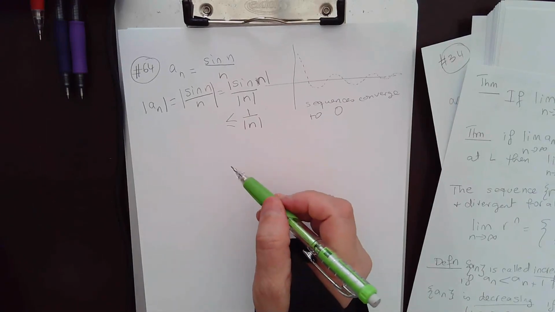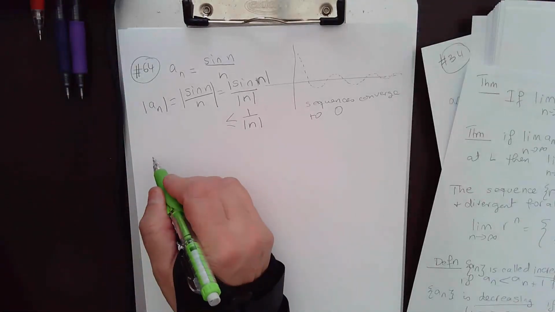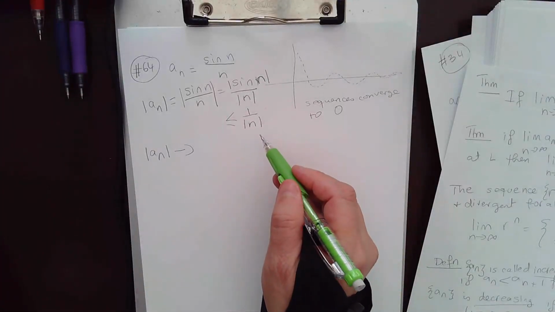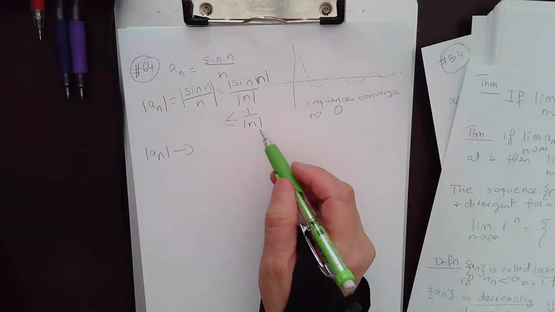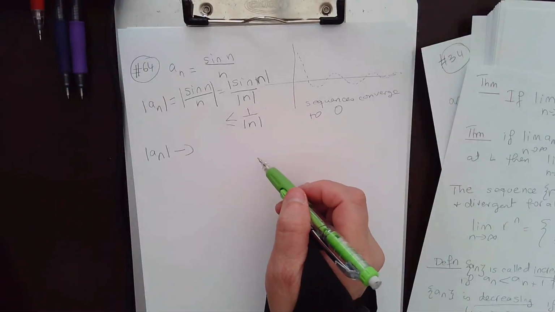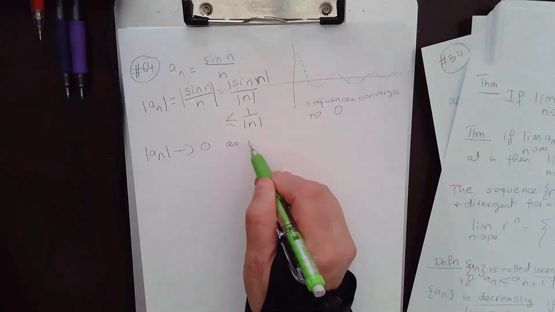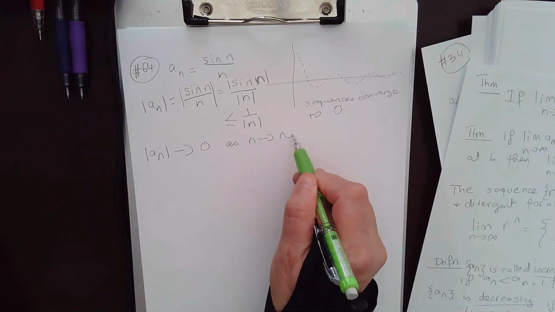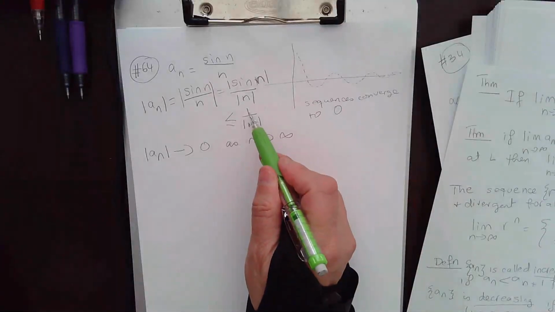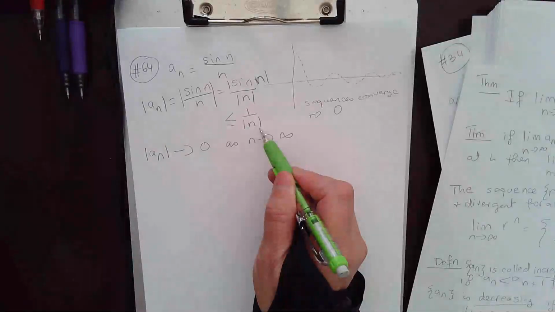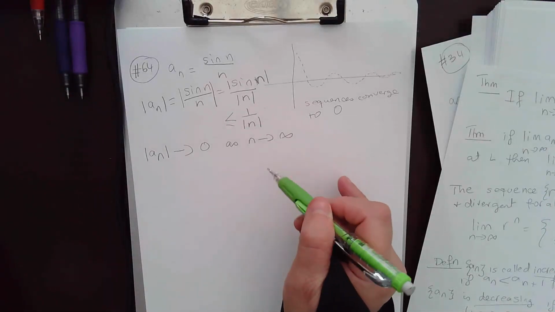Okay? What do you know? The absolute value of a_n approaches what value as n approaches infinity? Well, a_n approaches 0 as n approaches infinity. Why? Because the limit of 1 over the absolute value of n as n approaches infinity is 0.